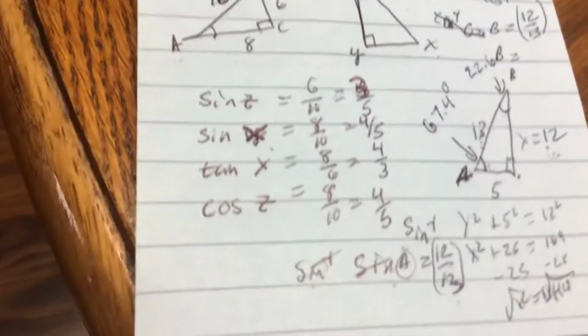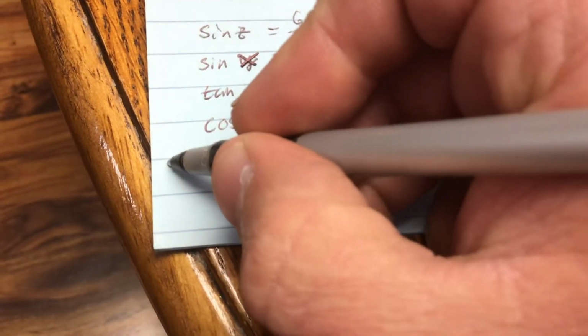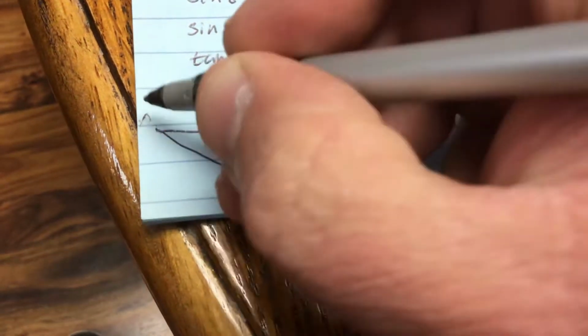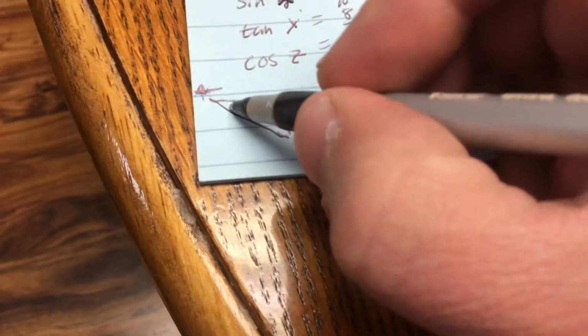The last thing I wanted to share with you is an angle of depression. So here's what an angle of depression looks like. Let's say we had an airplane flying. I don't know, we'll just draw a little X over here. So I've got some airplane flying right there. This is the angle of depression. It's depressing down.